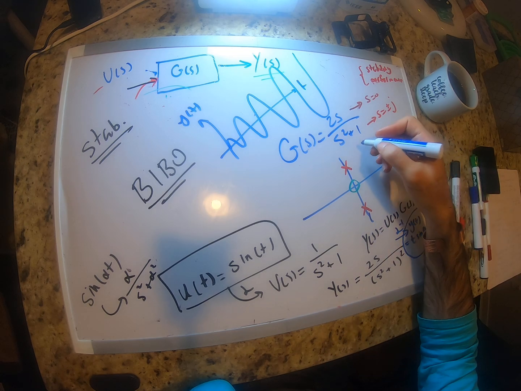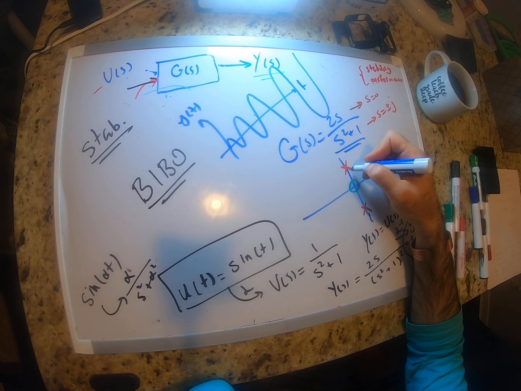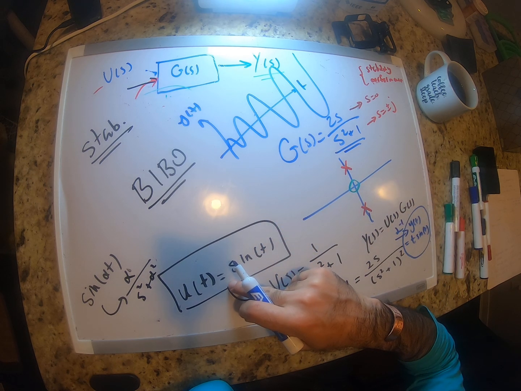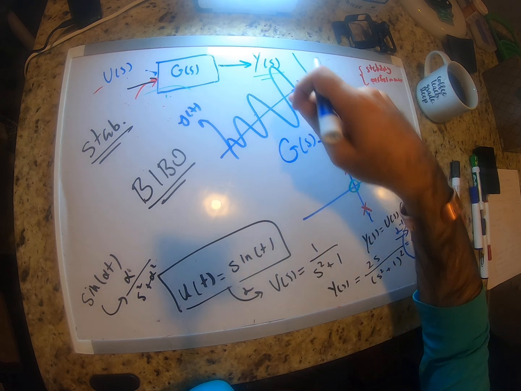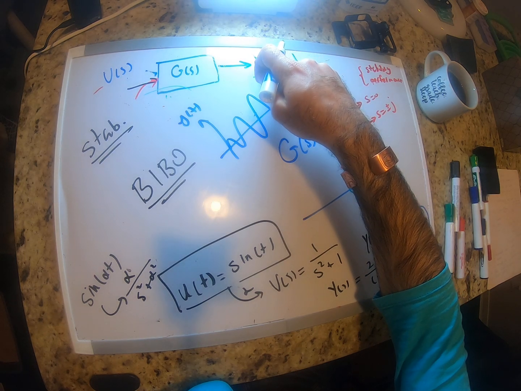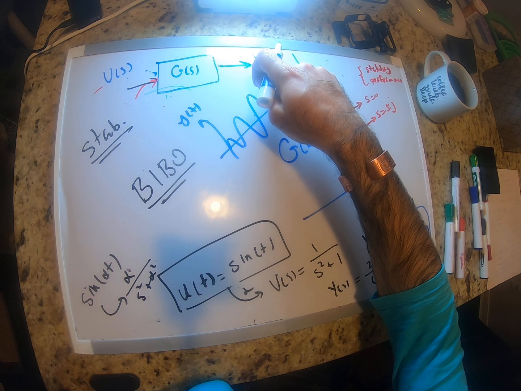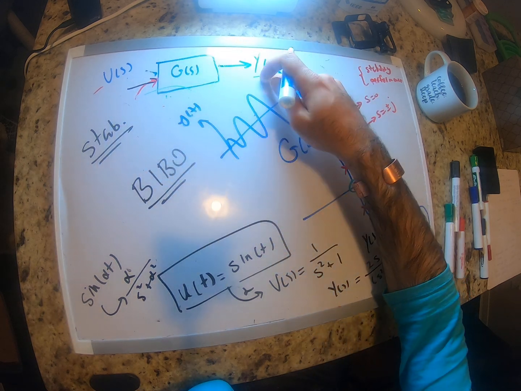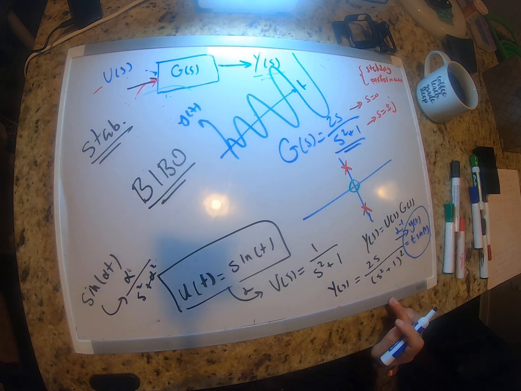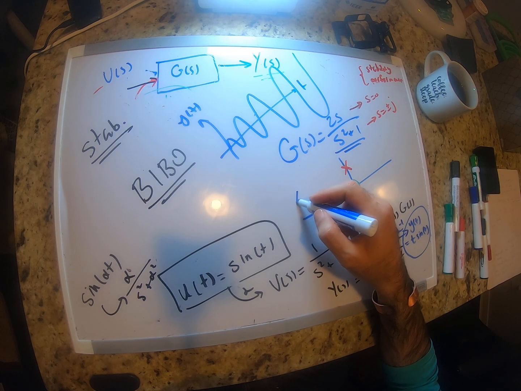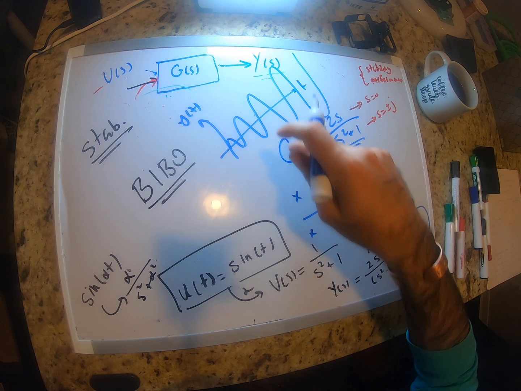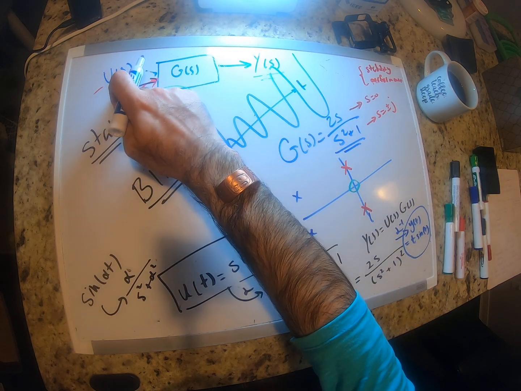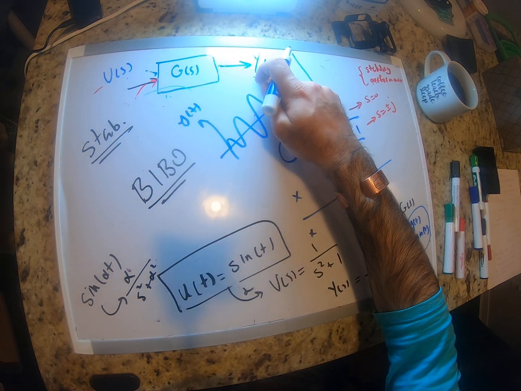So you see that if you have poles on the imaginary axis, you can find a bounded input that makes your output unbounded. If you have all your poles on the left hand side, your output for any bounded input is going to be bounded.